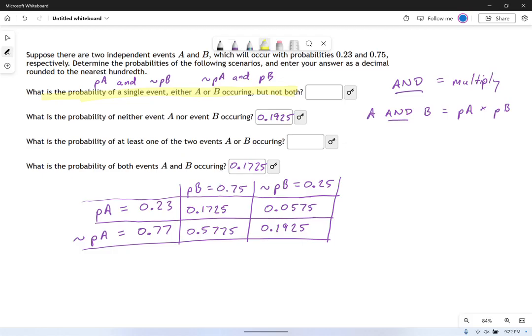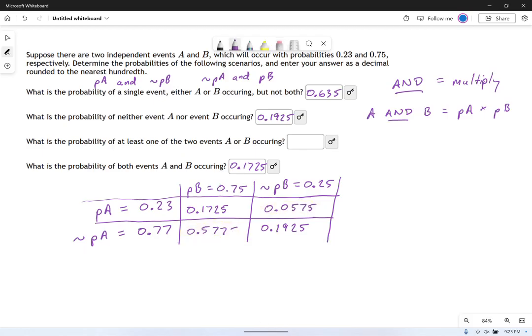So what I have to do then is take probability A times not B, that's this one, and I also have to consider probability of not A times probability of B, and then I add those things together. So calculator will be handy in this one. 0.5775 plus 0.0575. So when I add those two things together for my problem, I get this, 0.635. If you're getting the same numbers as me, that means you're following along, you're doing this right.